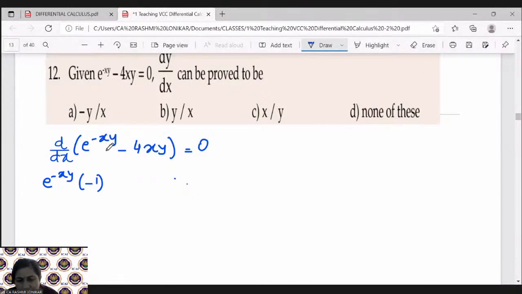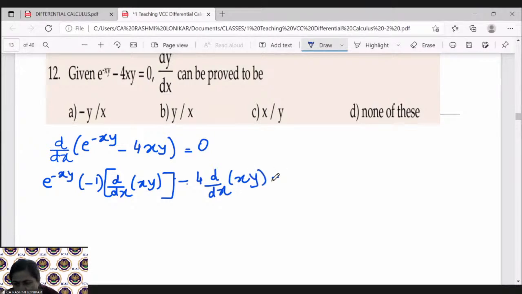And instead of xy, I have to find the derivative of xy. So it will be d by dx of xy, minus 4 into d by dx of xy is equal to 0 because derivative of 0 is 0. So this will be minus e raised to minus xy.